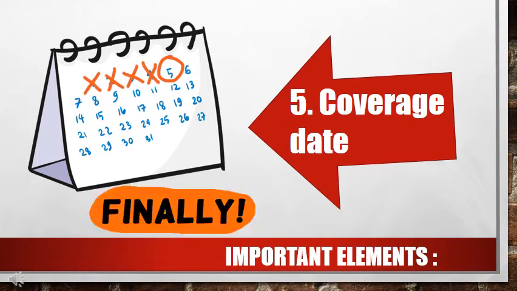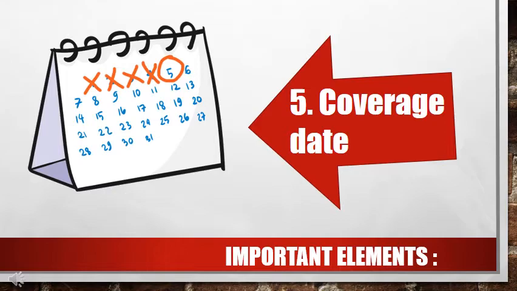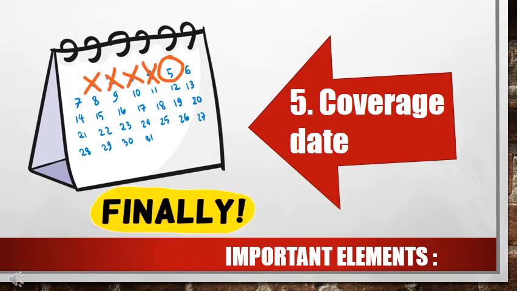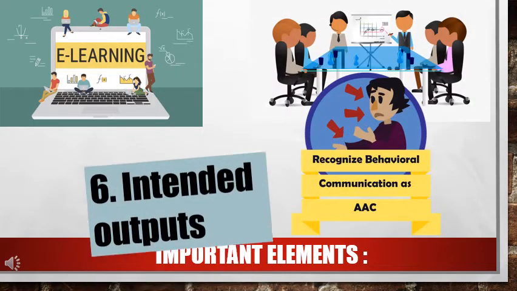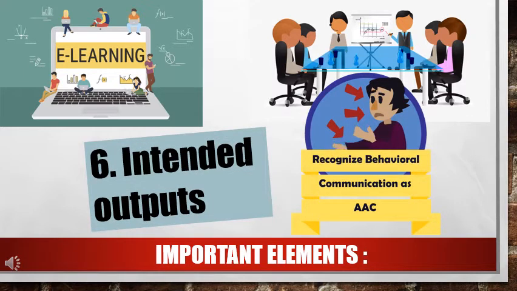It is the target time frame as to when is the start and end time of the study. Lastly, for the developmental research, the intended outputs, such as intervention programs, module, policies, among others, are also taken into account as important elements in the statement of the general problem.